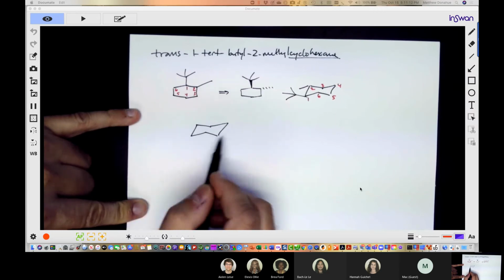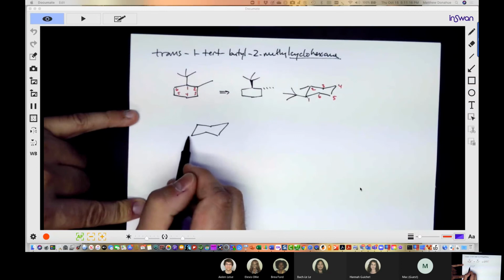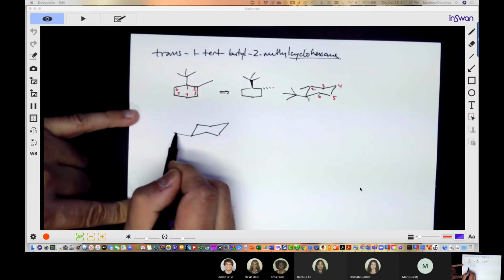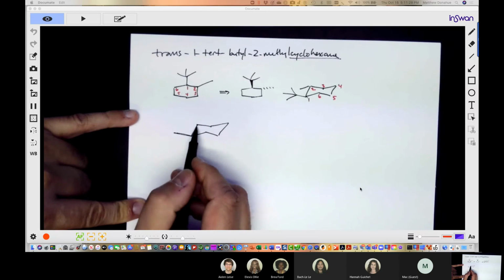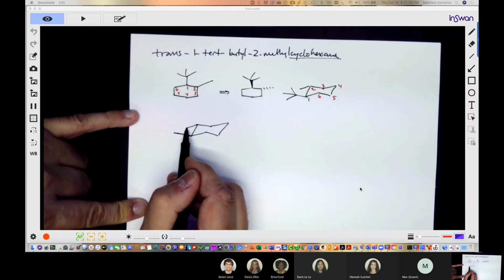I'm going to go in and draw all the equatorial relationships first. If I start here, this carbon has 2 substituents. The equatorial one here has to be up. Since this carbon is up, the equatorial one here has to be down.